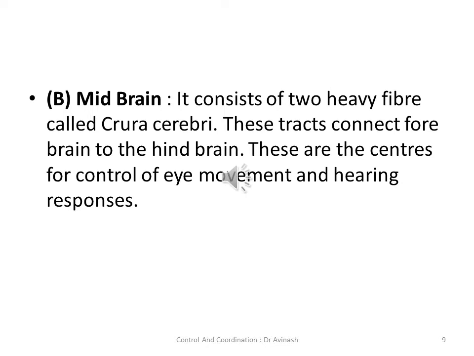The midbrain consists of two heavy fibers called crura cerebri. This tract connects the forebrain to the hindbrain. These are the centers for control of eye movement and hearing response. So the midbrain mainly connects two other parts of the brain, the forebrain and hindbrain.